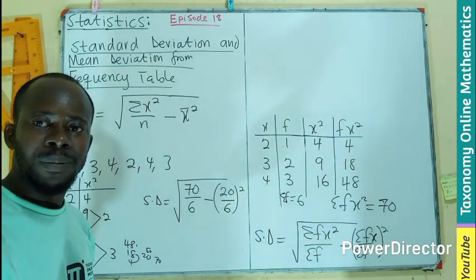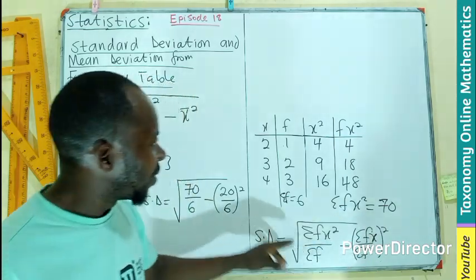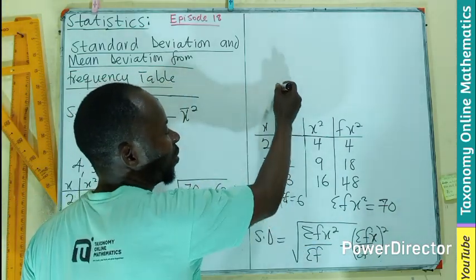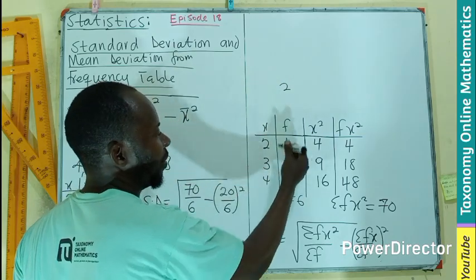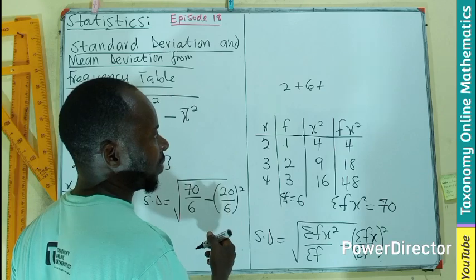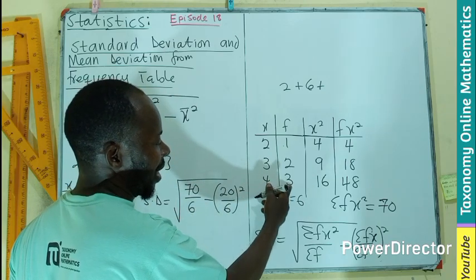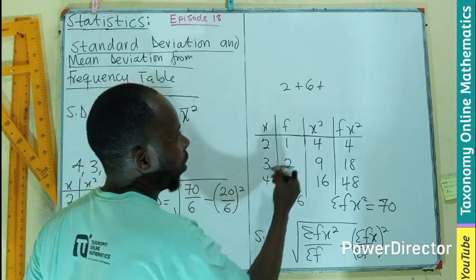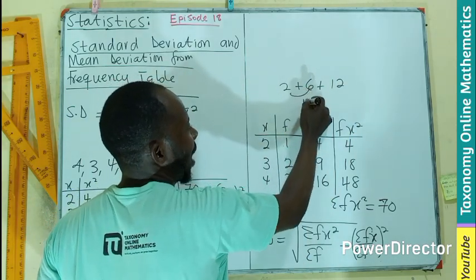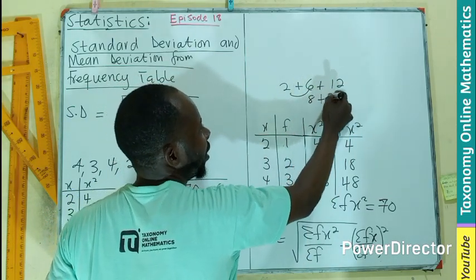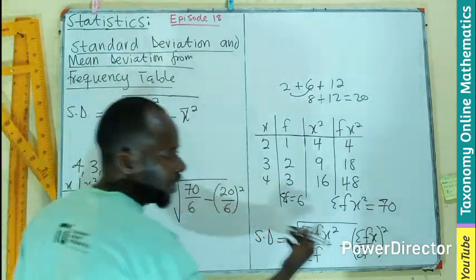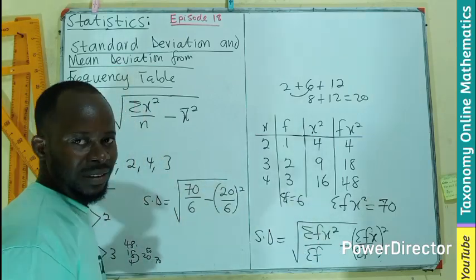Now sigma fx: this times this gives 2, this times this gives 6, and this times this gives 12. Adding, 2 plus 6 plus 12 is 20. Sigma f will still be 6.